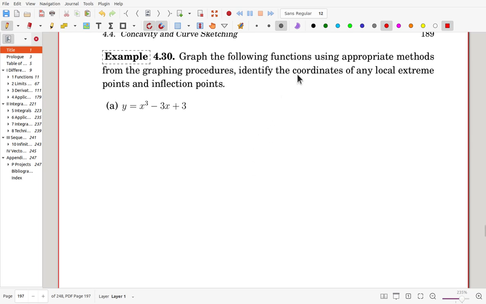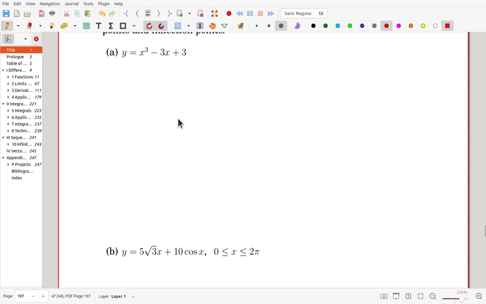Graph the following functions using an appropriate method from the graphing procedures, identifying the coordinates of any local extreme points and inflection points. Okay, let's begin with this one. Start with the derivative.